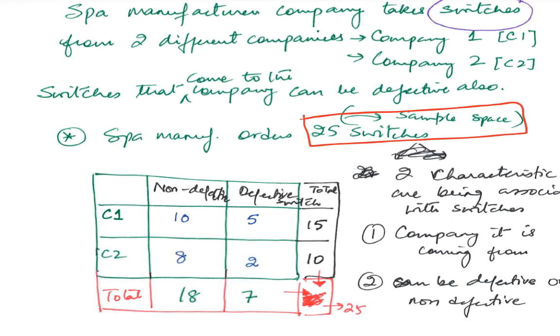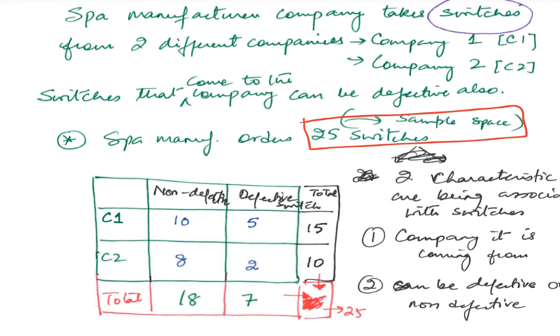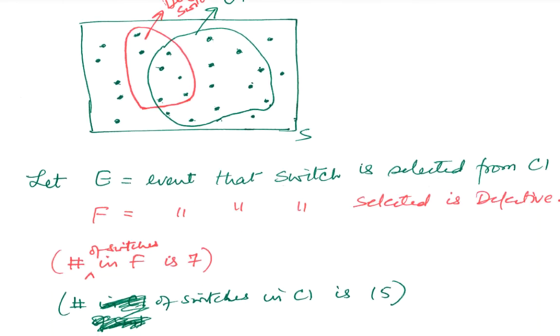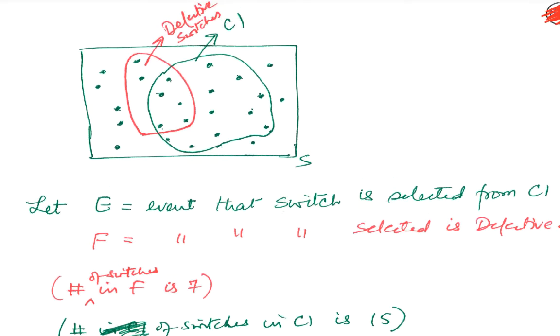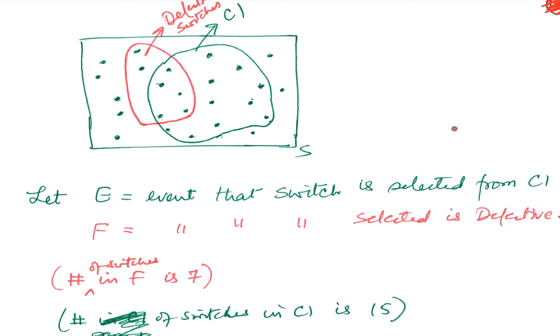Okay, now let's create a picture of what we are looking at. Here's the picture, where the whole sample space is 25. So all these are 25 switches. Now there are two characteristics. Either the switch is coming from Company 1, which is the green here.